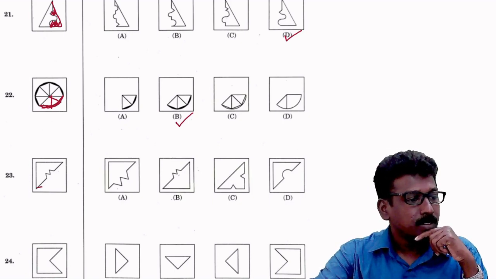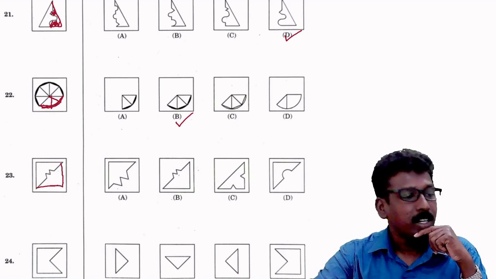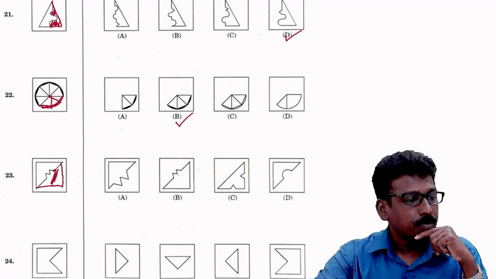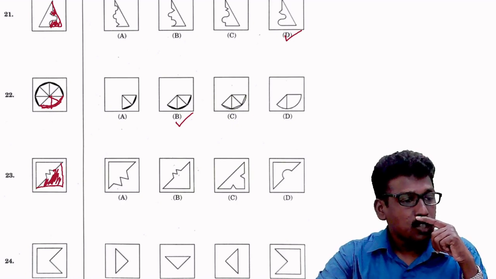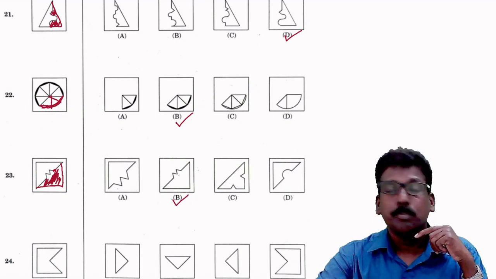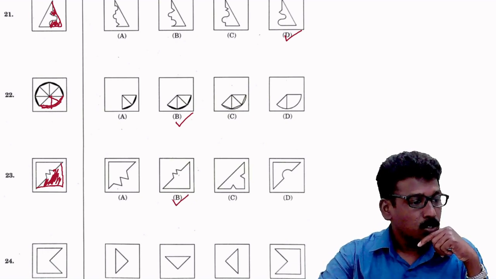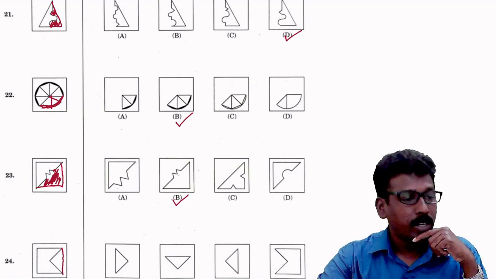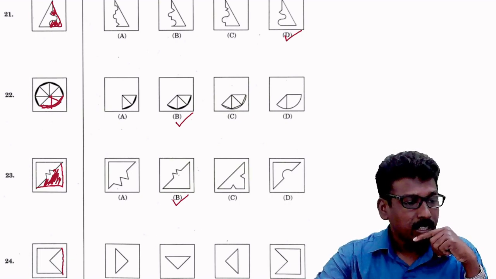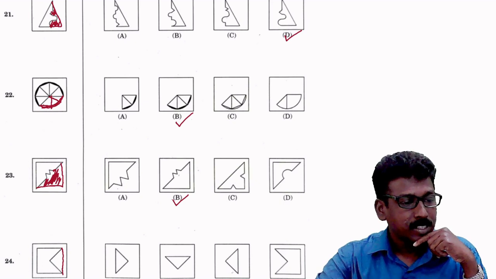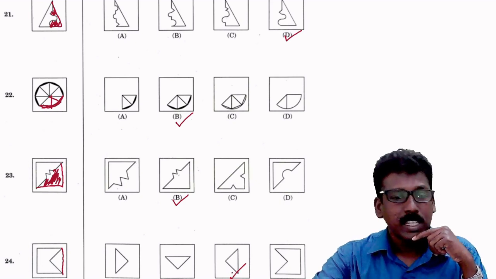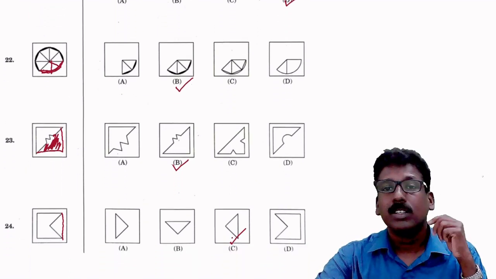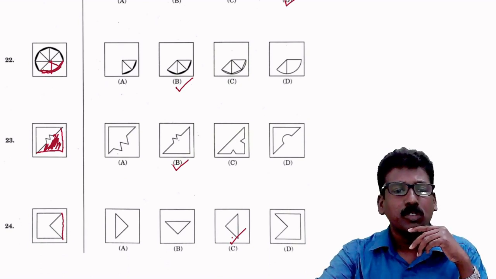Here you can make this into a square and this portion. So this portion, yes, it is B, and here also a portion is cut from this square. It's a triangle. So triangle in that direction is this one. So C is the correct option. So that part also finished.